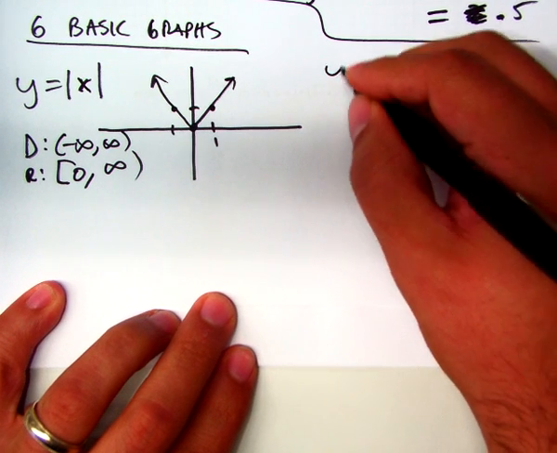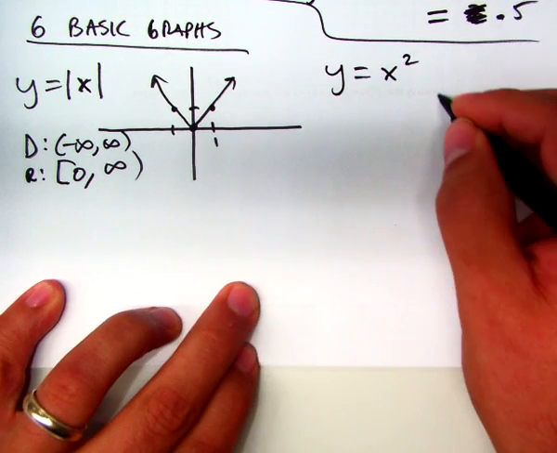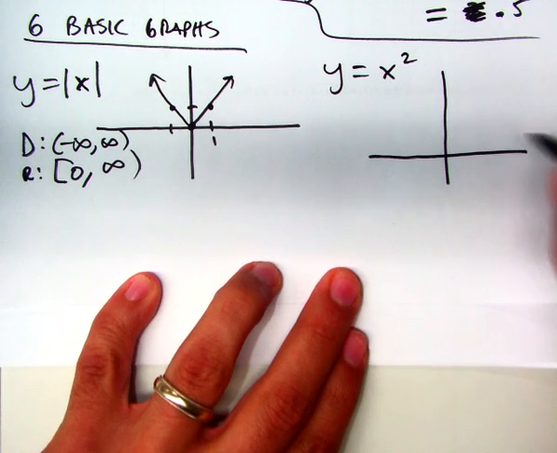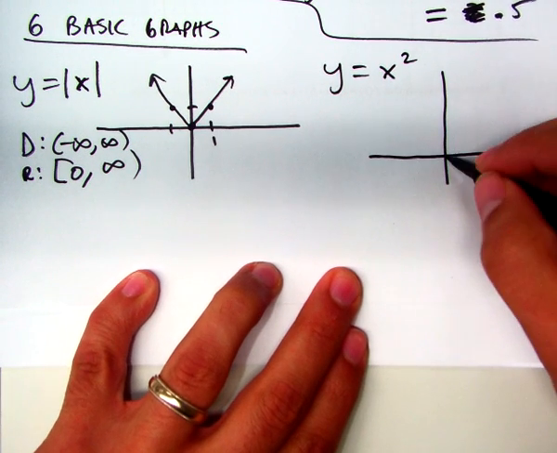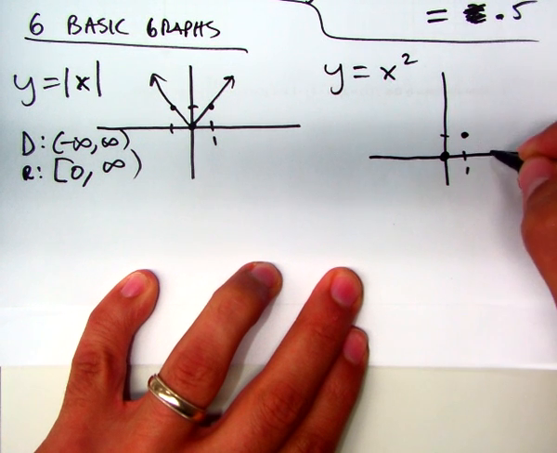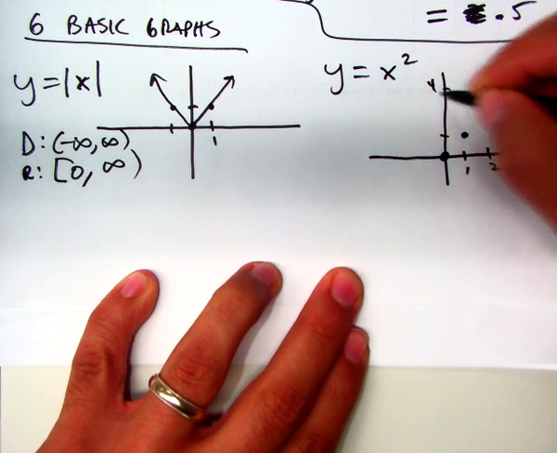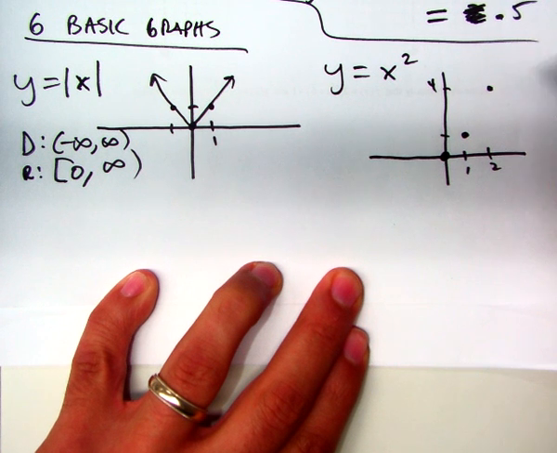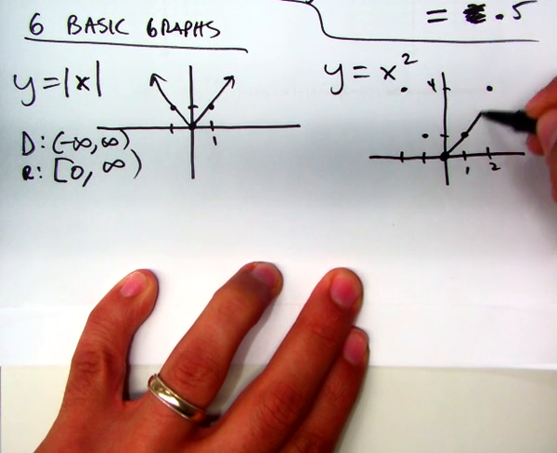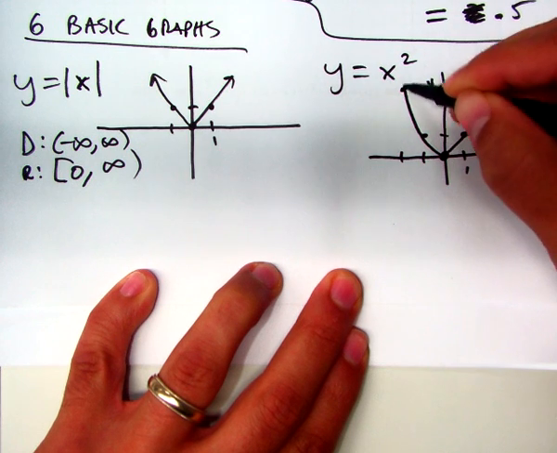What about y equals x squared? What shape is that? It's a parabola. And again, you should know some basic points on it, like 0 squared is 0. 1 squared is 1. 2 squared is 4. So you get your parabola that looks something like this.